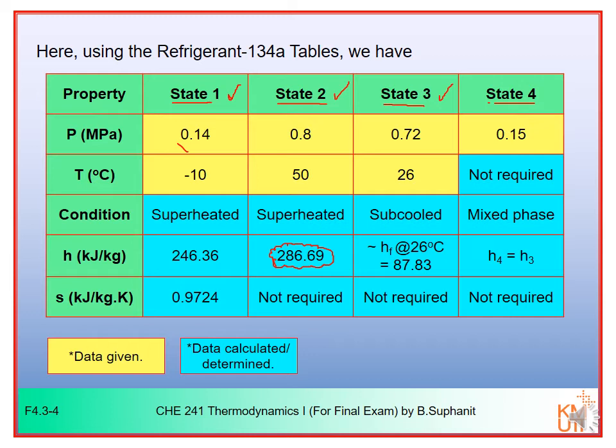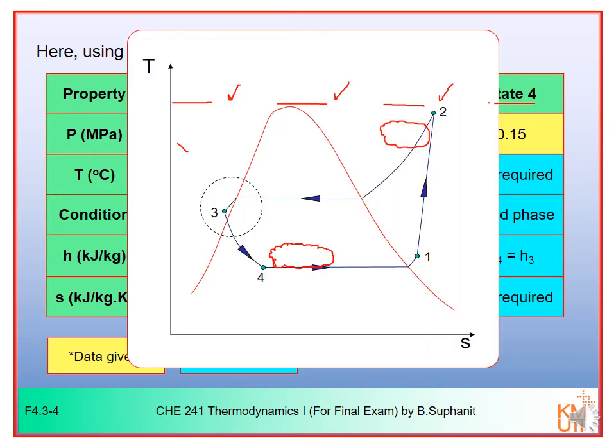Now, at state number 3, when you check the pressure and temperature, you find out that it's a subcooled liquid. But unfortunately, you don't have the subcooled liquid table at 0.72 megapascal, so you have to make some approximation to determine the enthalpy at this condition.